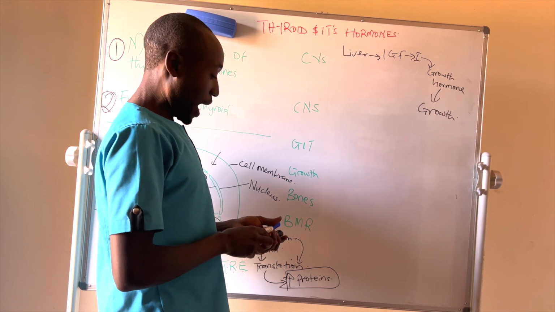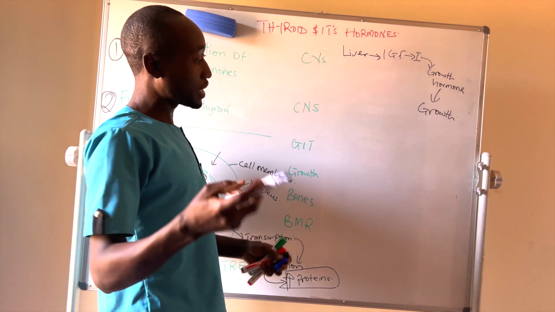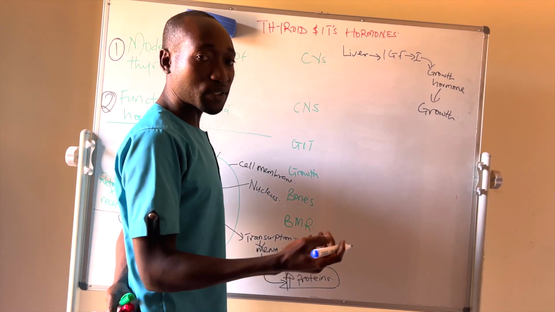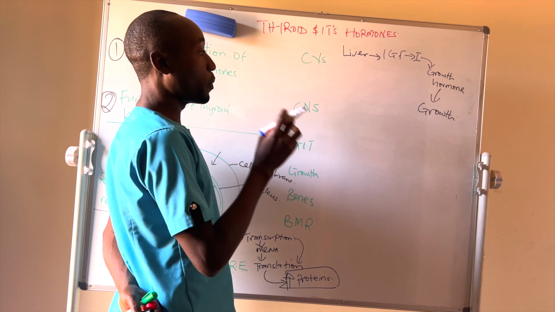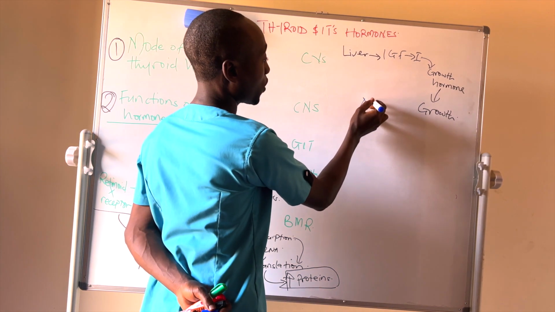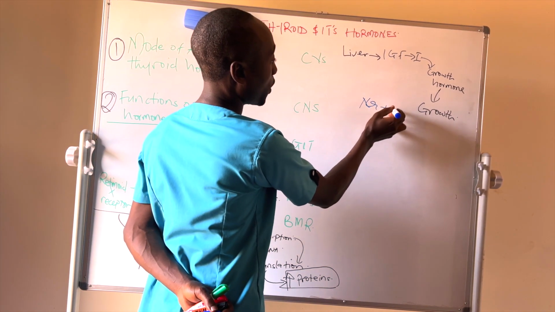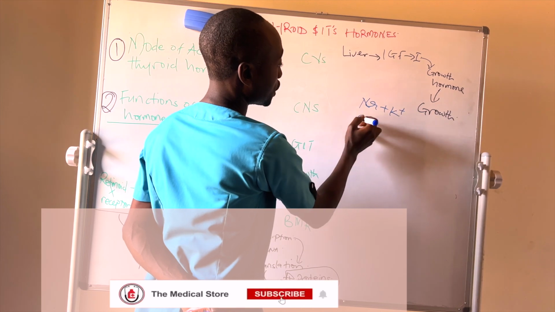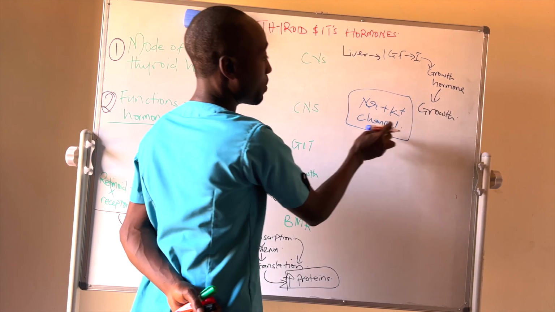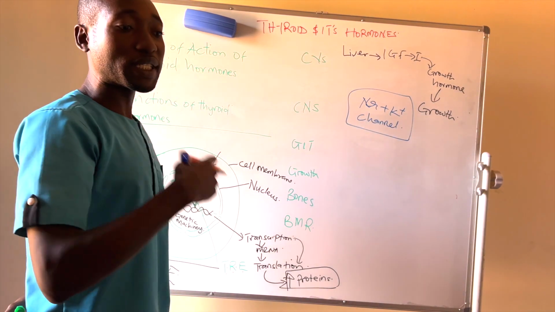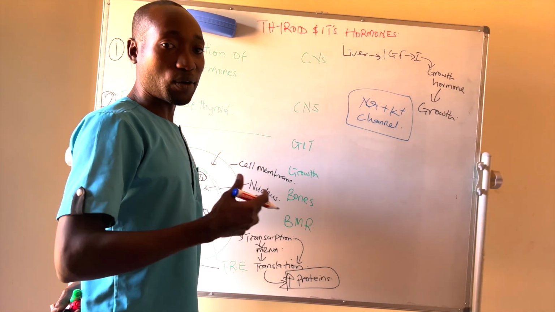And then also, if it is in other cells, for example, different cells of the body, the protein that is always formed is what we call the sodium potassium channel. Remember, this channel is in almost every cell of the body.